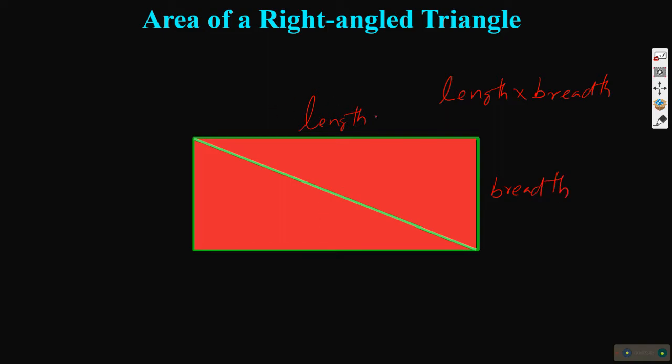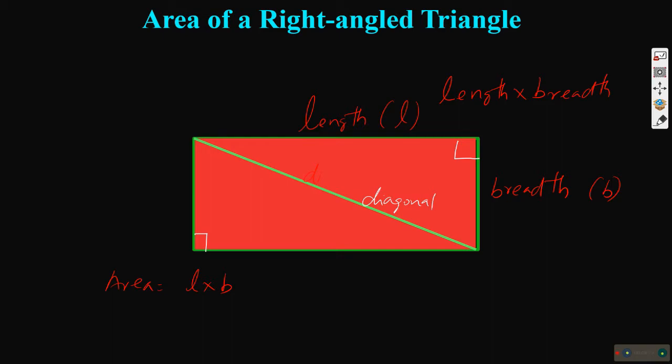If I simply quote length as L and breadth as B, the area can be written as L into B. By the construction of a diagonal, we have divided this rectangle into two equal halves, where we have a right angled triangle here and another right angled triangle here.